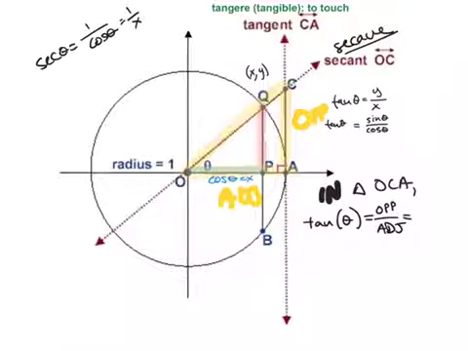The opposite side, you'll notice, is this side AC, so that's got length AC. And the adjacent side, you'll notice, is this side here, OA.